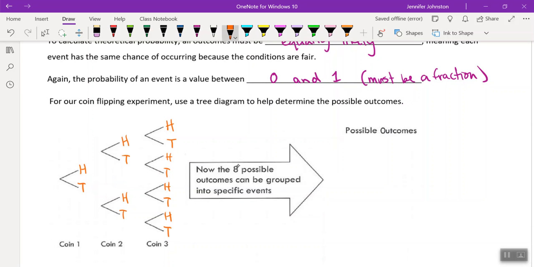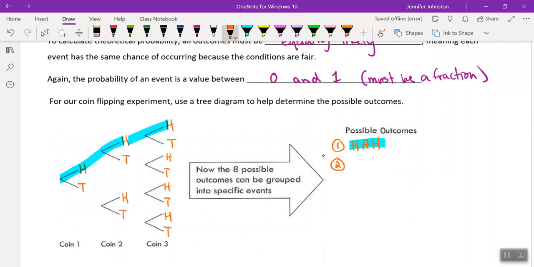Well, we can see that there are going to be, and let's look at them all, 8 possible outcomes for these specific events. What's one possible outcome? One possible outcome is you flip heads first, and then second, and then third. You can get 3 H's, so H, H, H. Right, 3 heads.